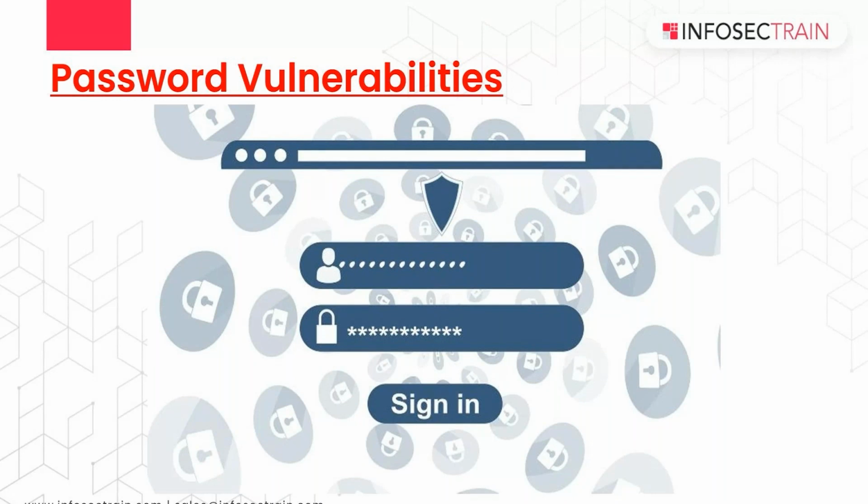If the user's password is set to some default value or to a word or text string that you can guess, an attacker can easily gain access to the system, right? Let's say you are using the password as password123 or 123456, or you have your own date of birth as the password, right? Sometimes, like in many of the routers, it is seen that the password is admin, right?